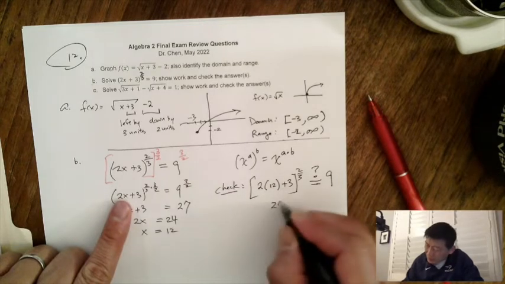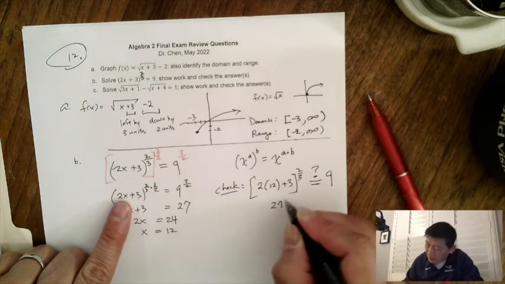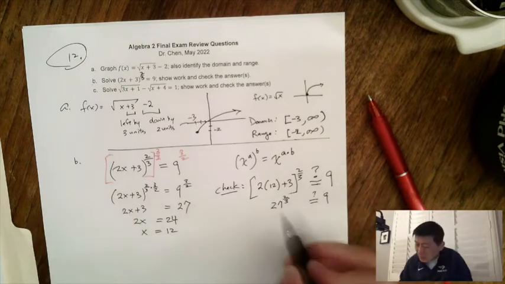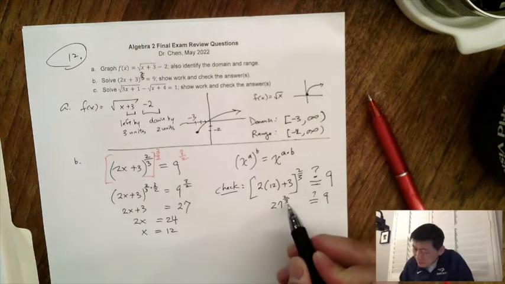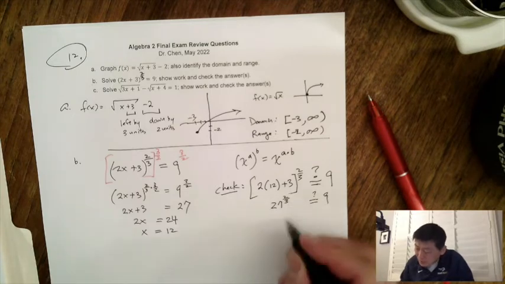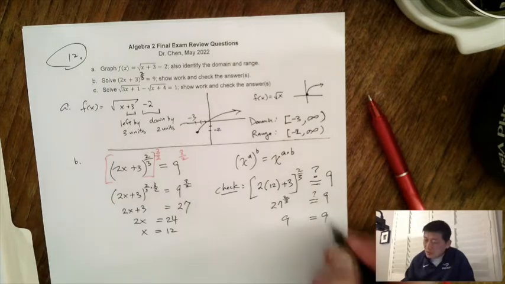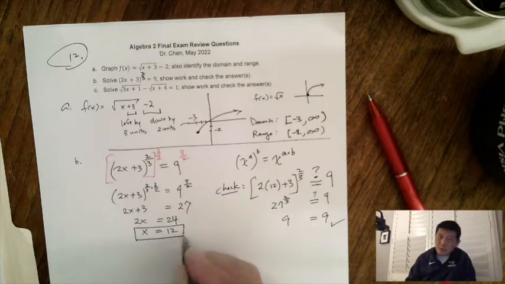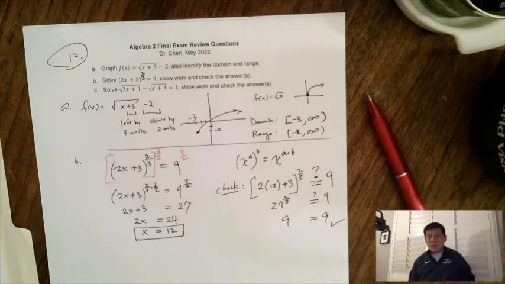So it's 27 to the power of 2/3, right? Is it equal to 9? Well, 27 to the 1/3 power is the cube root, so that's 3. 3 squared is 9. So 9 is indeed 9. So it checked out. So I'll go ahead and box x equal to 12 as my answer.